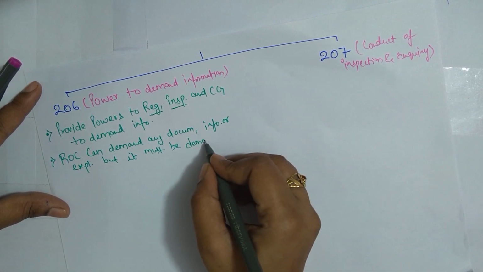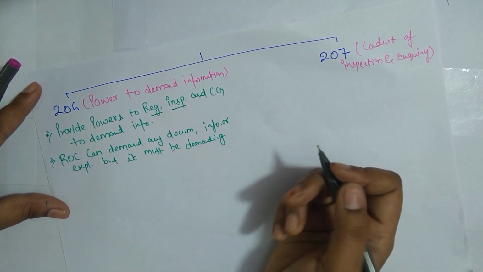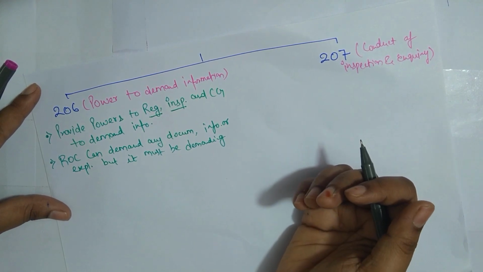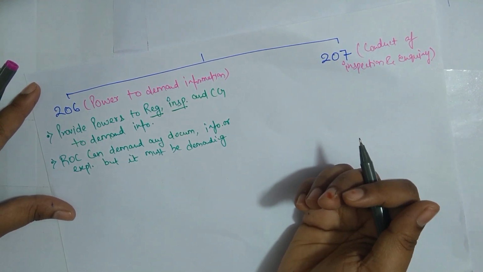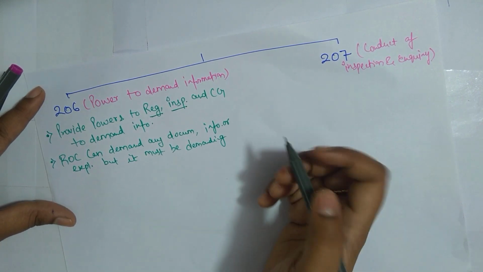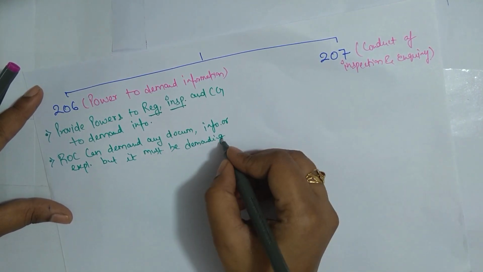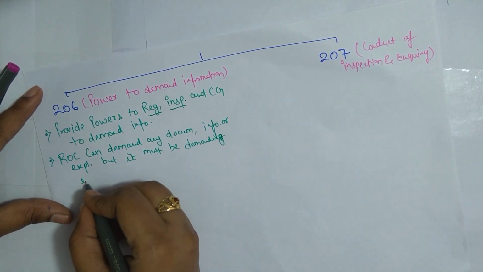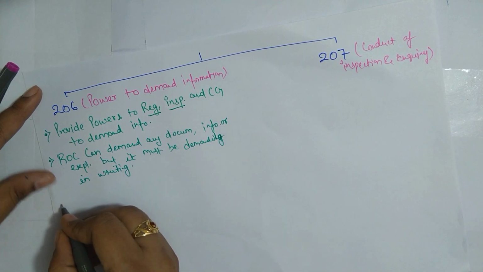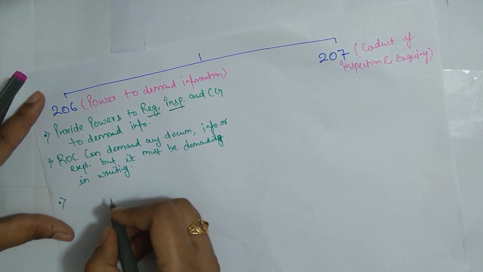Our ROC has the power to demand any document, any information or any explanation which is helpful in the process of investigation, inquiry and inspection, but it must be demanded in writing only. Then only it is applicable, otherwise not.